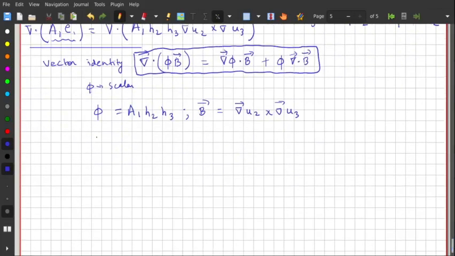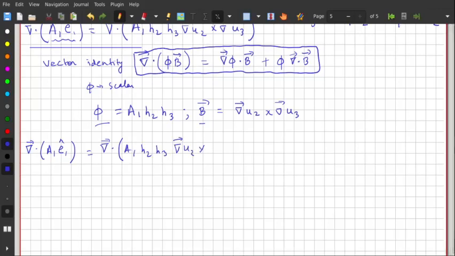So recognizing this is phi and b and using this vector identity, we can rewrite the divergence of A1 E1 cap. So that is the divergence of E1 H2 H3 grad U2 cross grad U3.